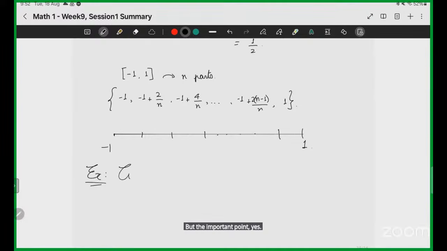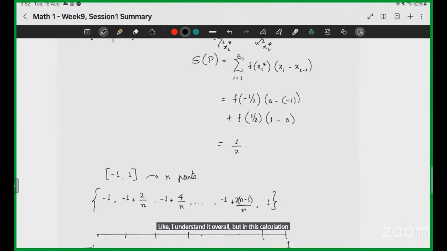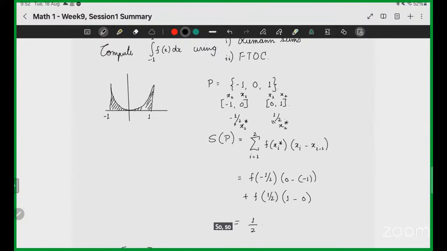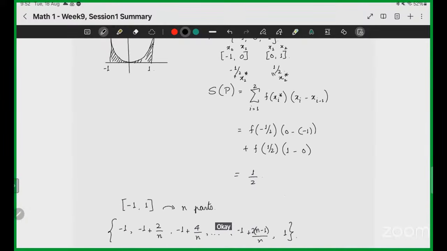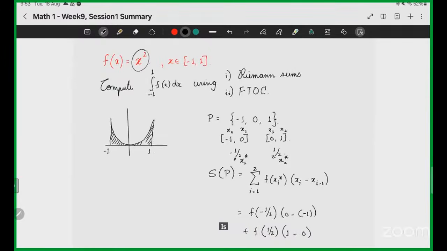Sir, can you explain how we got the half? I understand it overall, but in this calculation, this part. So what did we do? Okay, so f of minus half is minus half square. The function that I'm starting out with is the square function.